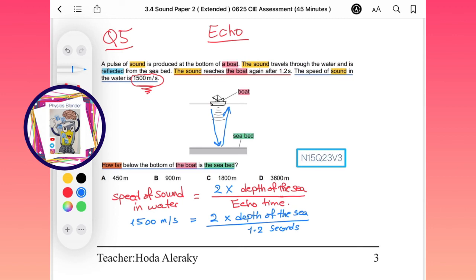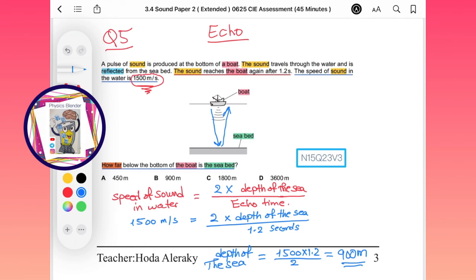Rearrange, you will find that the depth of the sea will be equal to 1500 times 1.2 divided by 2, which is 900 meters. Okay, there is an important point, guys. You have to check your answers. They should be realistic.